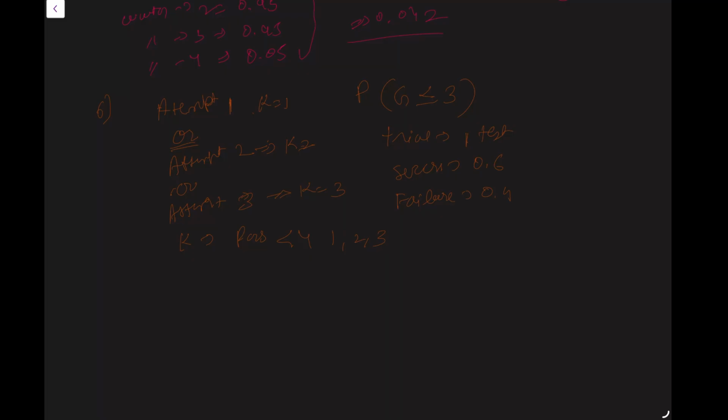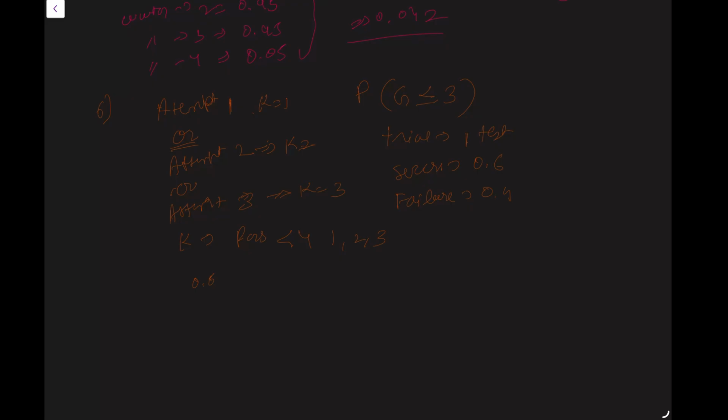How would you solve this problem? Just think about it. The probability that the person scores in the first attempt is 0.6.